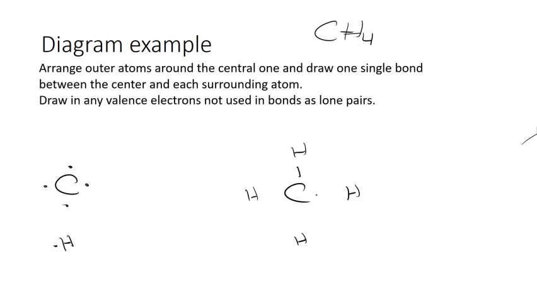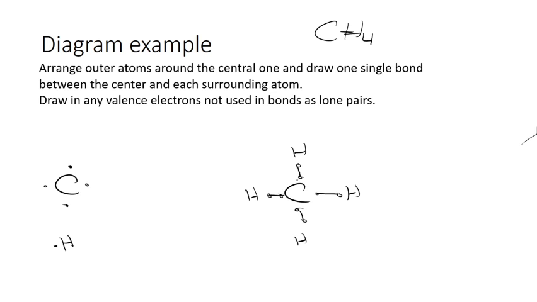So we've got 1 bond, 2 bonds, 3 bonds, 4 bonds. When we draw these bonds in, remember they're created by valence electrons, and there is 1 electron being shared between each atom. So technically we've got an electron here, here, here, here, here, here, here, and here.